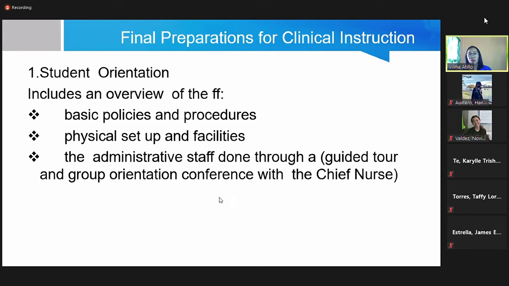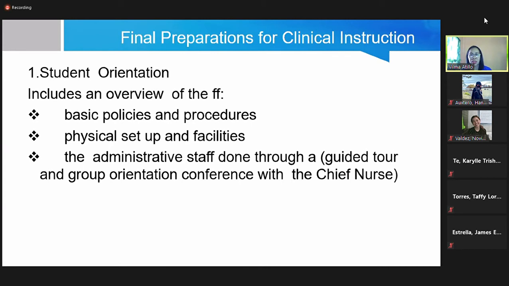Okay, during the orientation, it includes an overview of the following basic policies and procedures. So generally, we have also orientation from the DOH. So that will be conducted in the gymnasium, sa SPC, all levels, lahat ng first year, no? And even the second year, that will be conducted by the DOH personnel.